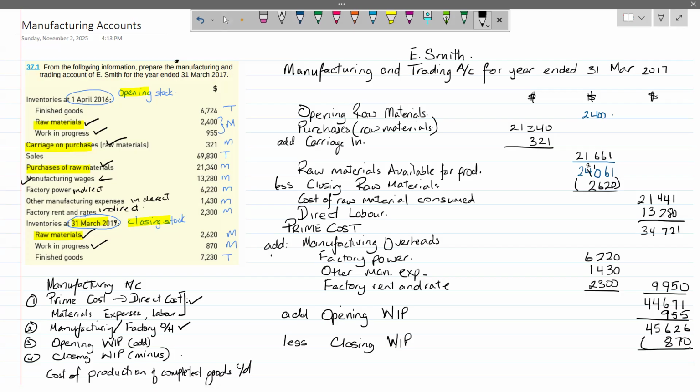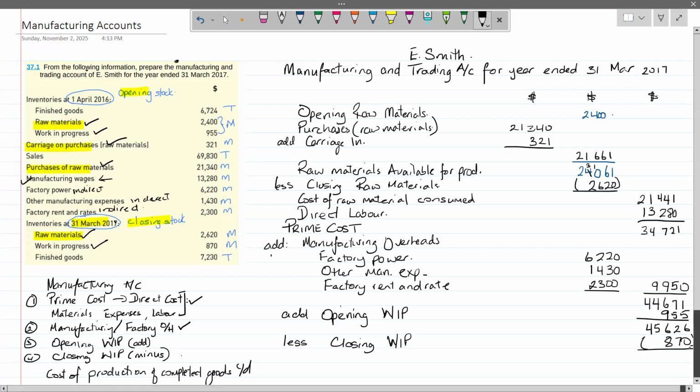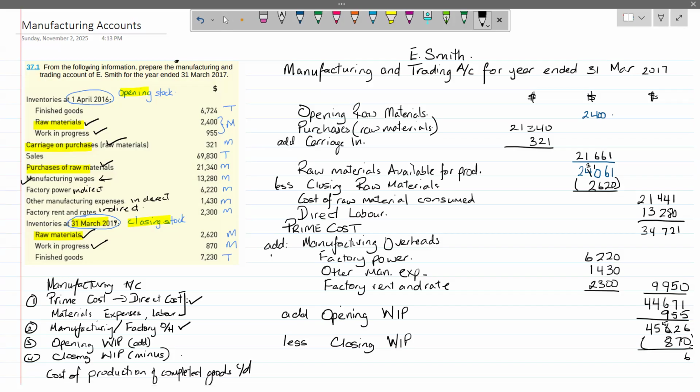Remember, you're subtracting, so this goes in our bracket. 6 take away 0 is 6, 12, take away 7 is 5. 15 take away 8 gives us 7. This will be a 4 here. This is what we call our production cost of completed goods.